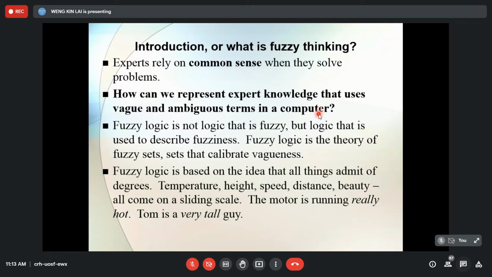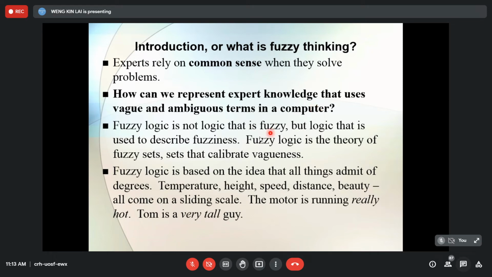So what is fuzzy logic? For those of you who are knowledgeable about the term itself, fuzzy, if you check your dictionary, fuzzy actually means not clear. So why are we studying this fuzzy logic? Are we talking about unclear logic? It's not.